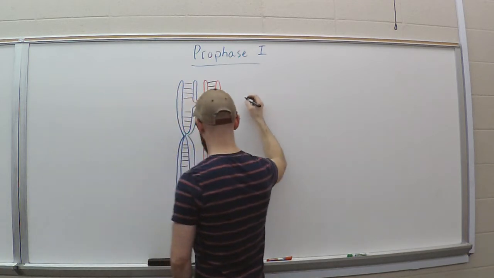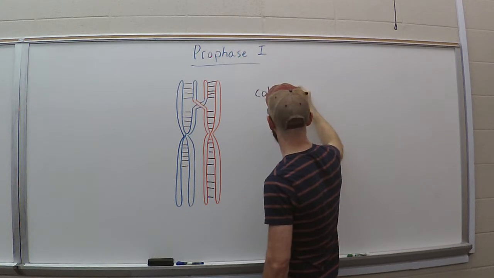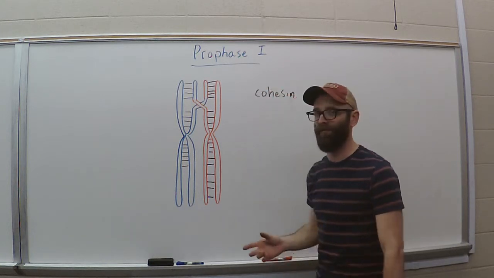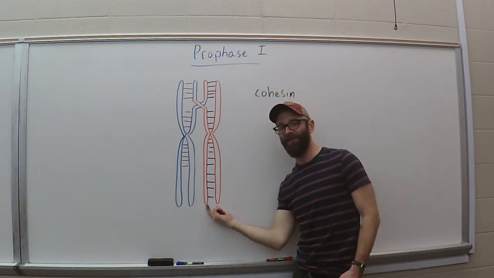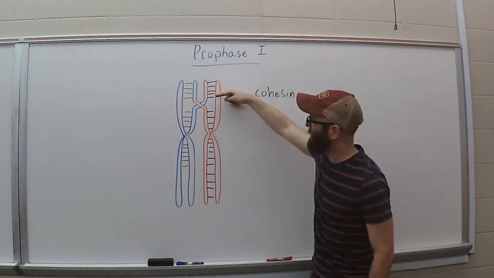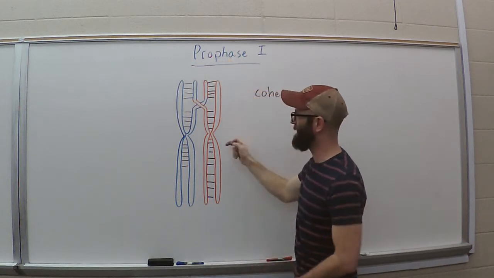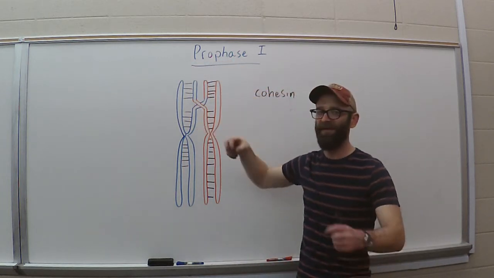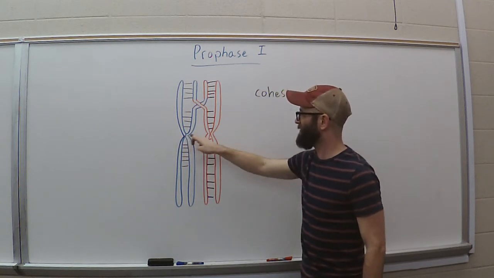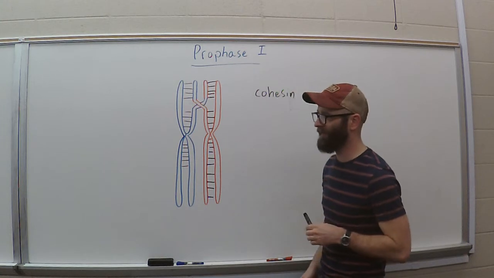Now the cohesin proteins that were holding together these two chromatids, they're also holding together, up here, the homologous pair, right? Because of that crossing over event, now both of these structures are held together. That's one thing that crossing over does.